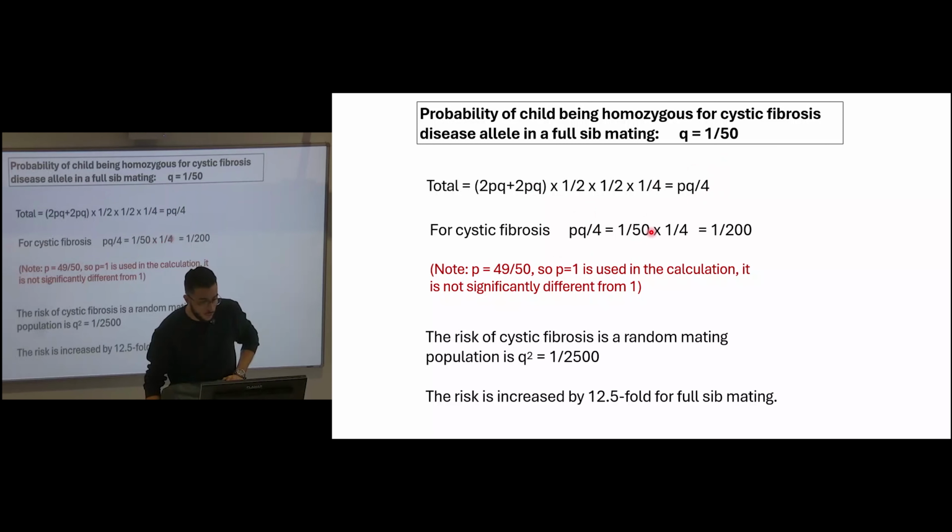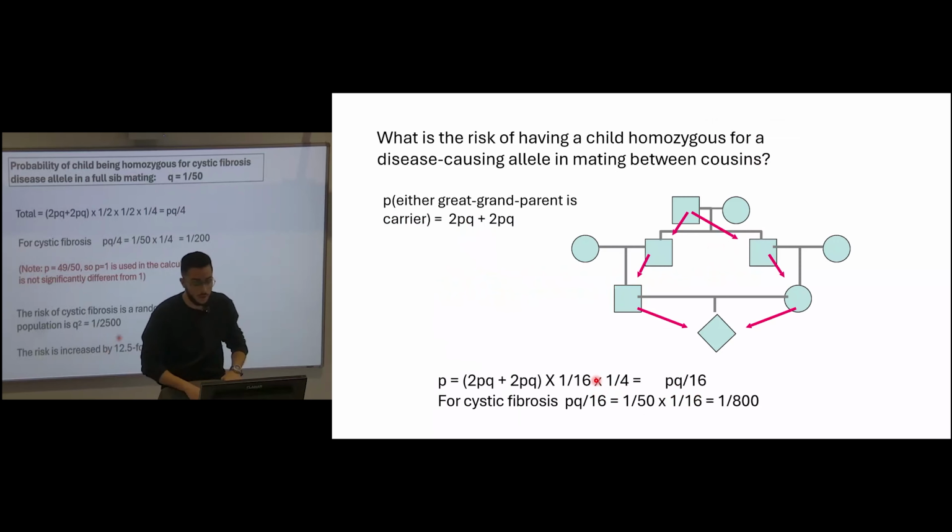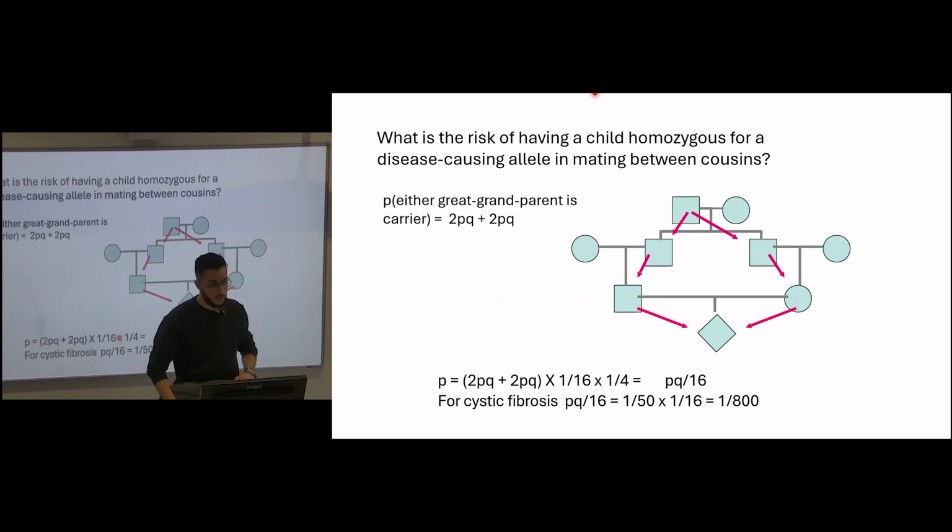Times 1/4 here, and that gives you 1/200. So you see how the risk of getting cystic fibrosis increases by 12.5-fold in a full sibling mating scenario. This is a lot. There are other diseases that are increased by a much higher number, okay?